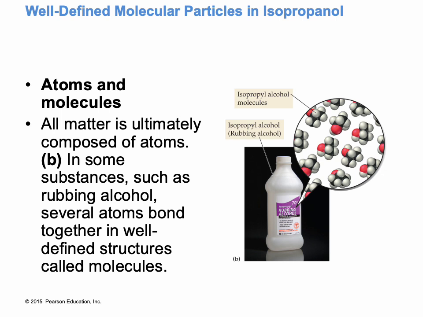And we can also see here that in isopropyl alcohol, it's not just one kind of atom. There's a red one, a gray one, and a black one. So there's at least 3 different types of atoms in a molecule of isopropyl alcohol. And so that's different than an aluminum can, because an aluminum can just has one type of atom. But this has 3 types of atom. So a type of atom is really just an element.